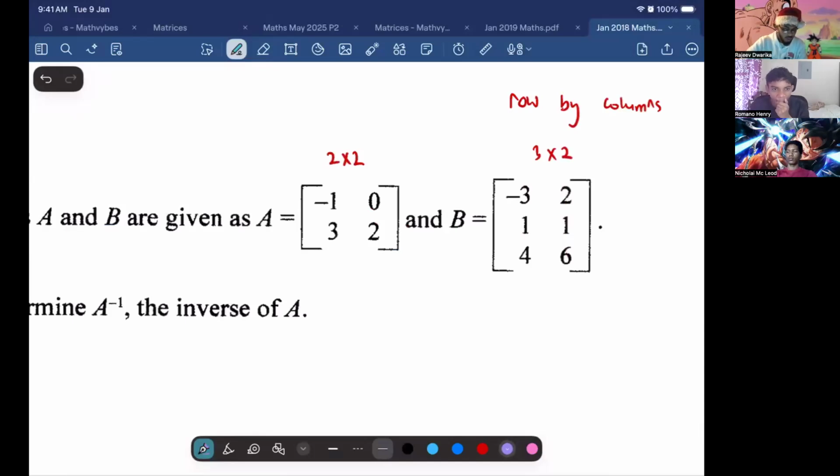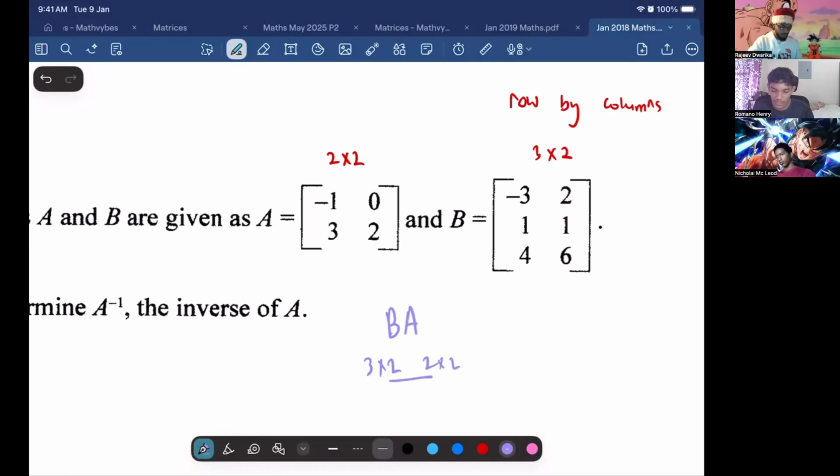Question, guys: would we be able to multiply B by A? Let me look at it carefully. What's the order of B? 3 by 2. What's the order of A? 2 by 2.